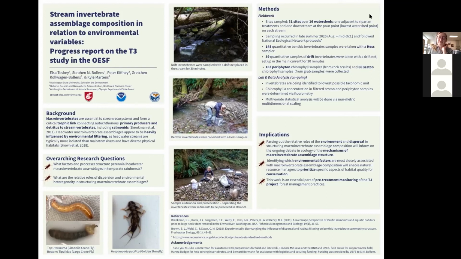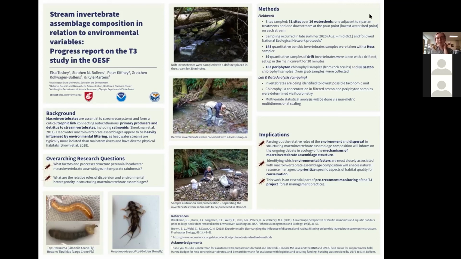So I'm going through and doing what's called bug picking, where I'm pulling out the invertebrates from the rest of the debris in my samples and sorting it by order. And that way later I can go back and sort it to the lowest possible taxonomic unit. Typically this is genus or species, but for some more difficult to identify taxa, like oligochaetes or chironomids, it'll be suborder or family level.